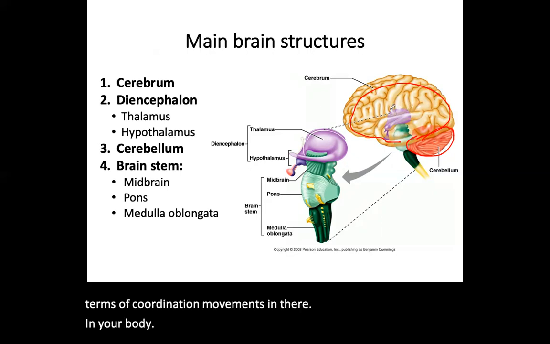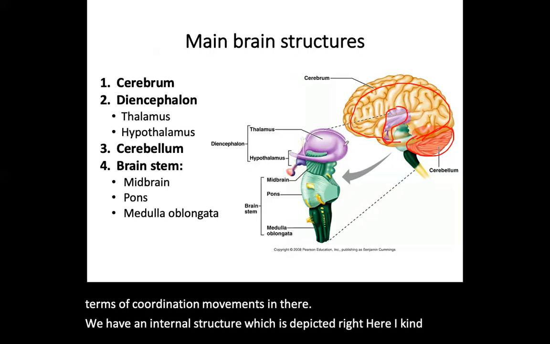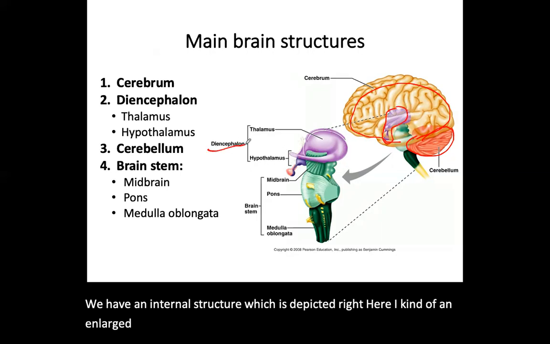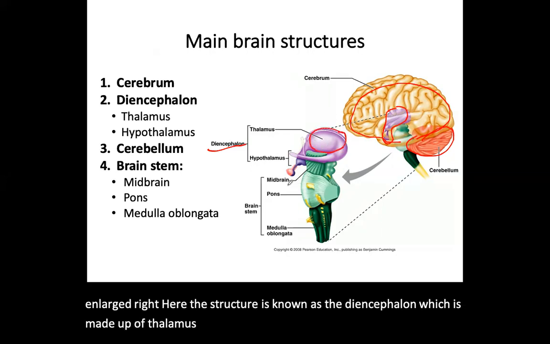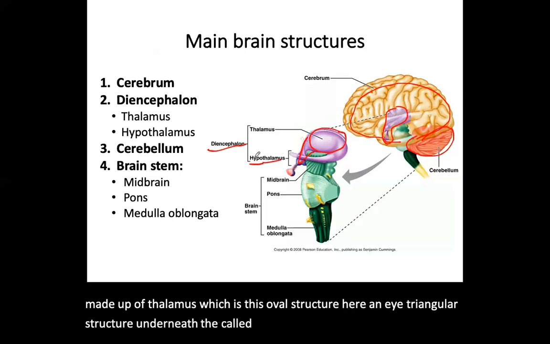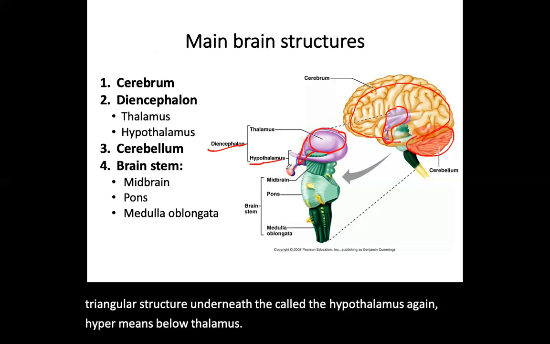We have an internal structure, which is depicted right here and enlarged right here. The structure is known as the diencephalon, which is made up of the thalamus, this oval structure here, and a triangular structure underneath it called the hypothalamus. Again, hypo means below the thalamus. Now, this part is not labeled.